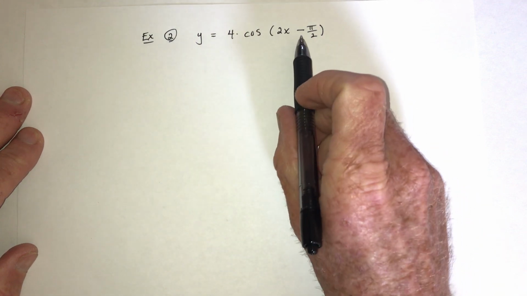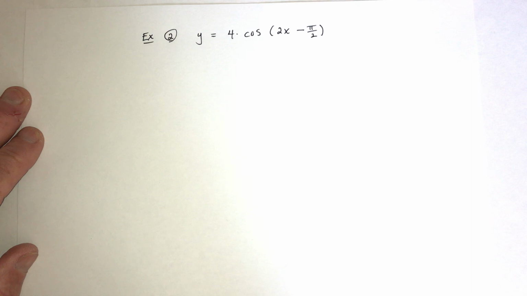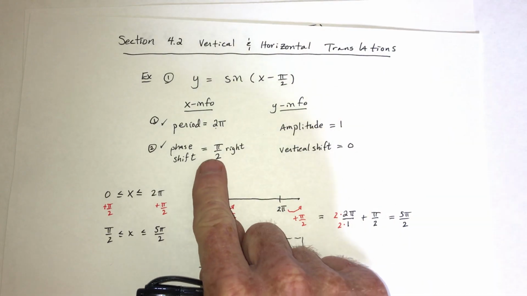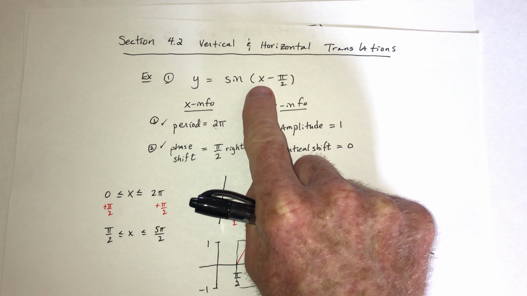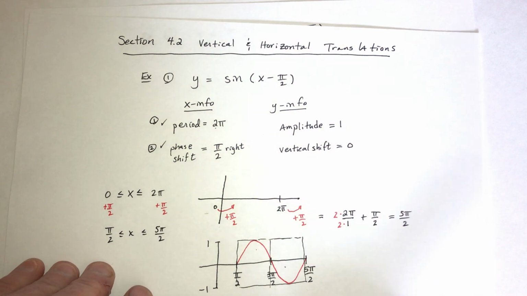You're right. It gets shifted to the right. By how much? Actually, it's pi over 4. Because when you go to figure out the phase shift, this has to say x minus something or x plus something. If there's a 2 in front of the x, you'll have to factor it out.